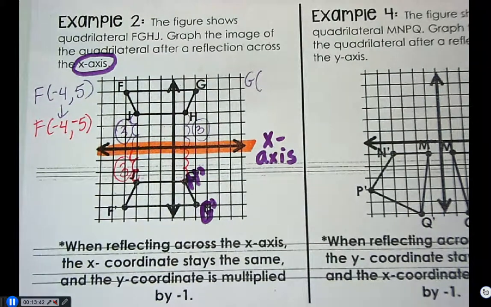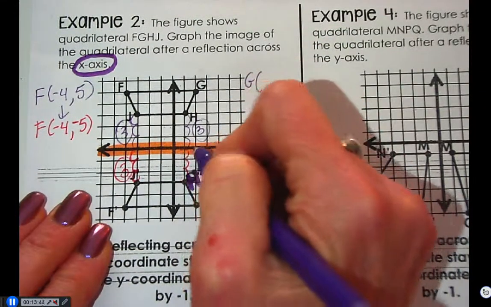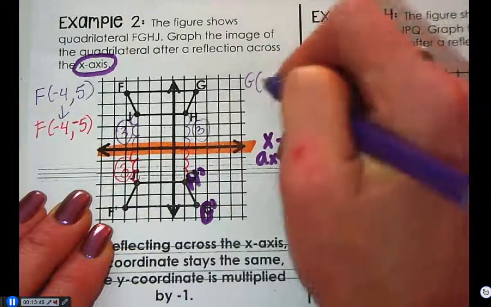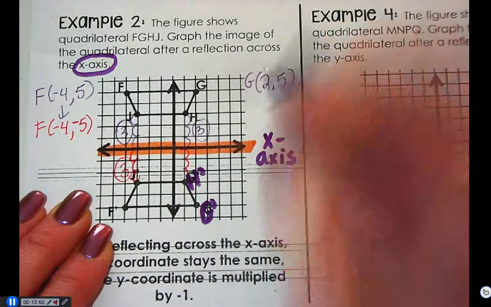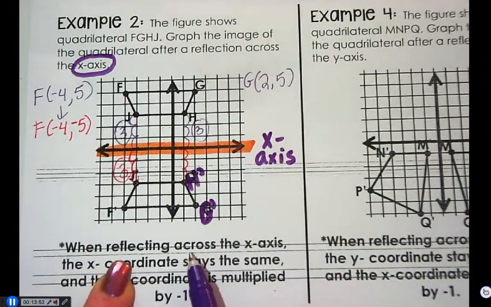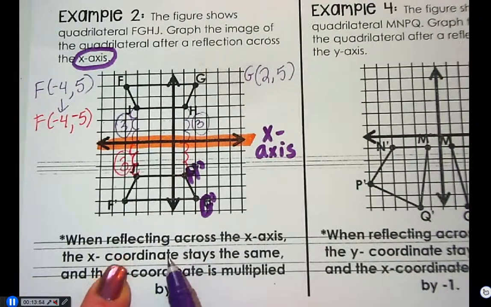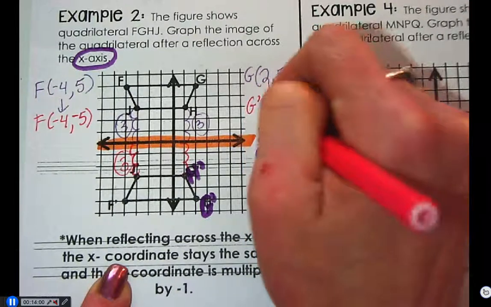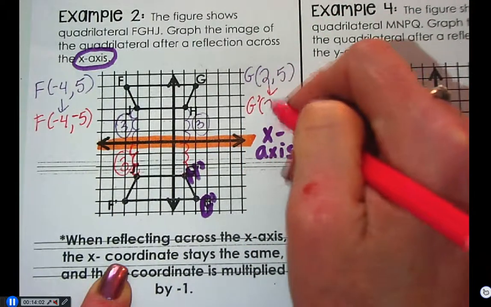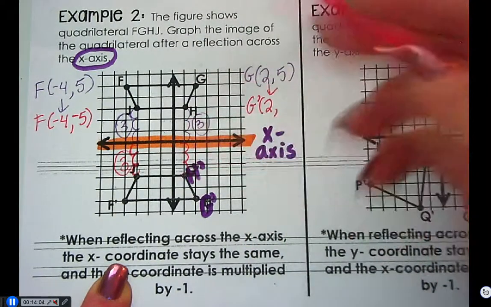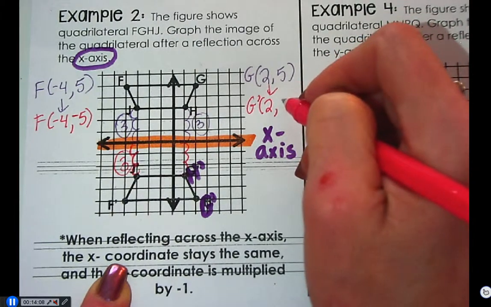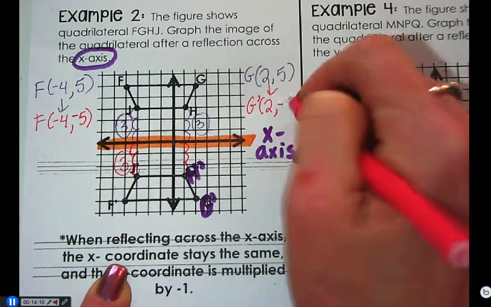The original coordinates for G are 2, 5. So based on this, it tells us when reflecting across the x-axis, the x-coordinate stays the same. So G prime is going to be the same for x, because I'm reflecting over the x. It's going to stay in the same place. But instead of a positive 5, what is that going to be? A negative 5.